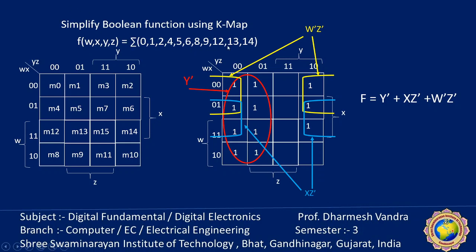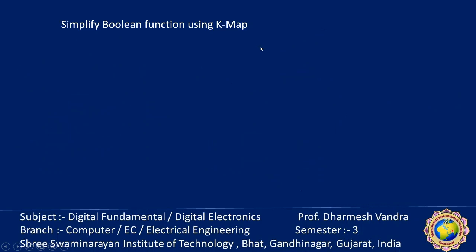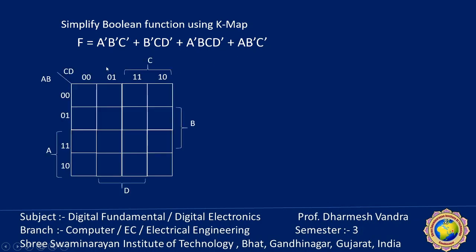The sum of minterms is given to us. Suppose the function is given. We have to simplify it to reduce the circuit size. What we'll do first, we'll make the k-map of 4 variables, with A, B represented by rows and C, D represented by columns.